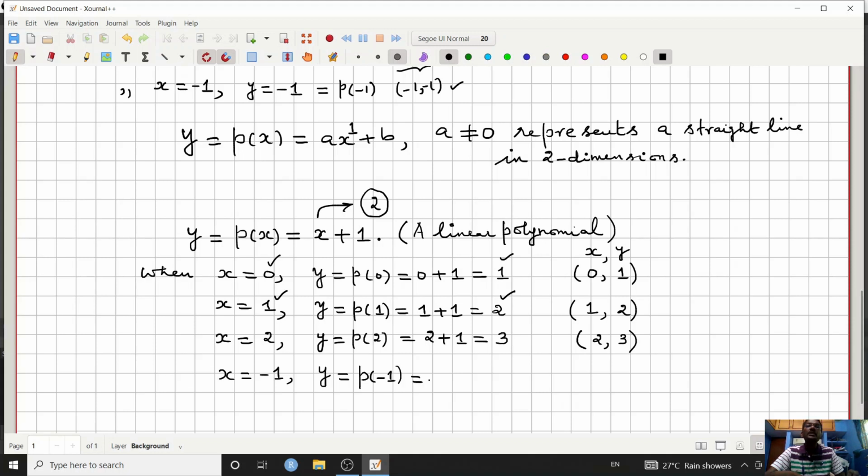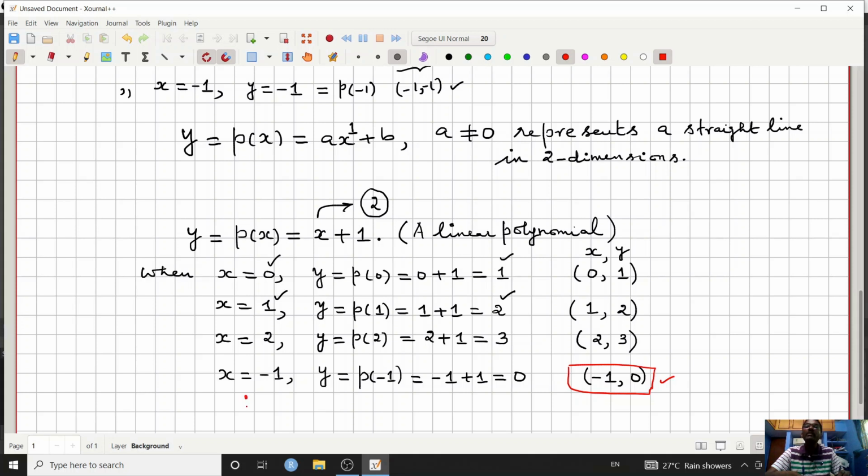So what you get is minus 1 plus 1 is equal to 0. So what you get here is (minus 1, 0). Note down this value. This is something special. Let us box this value, because we are going to see something about this particular value. We will come to that a little later.